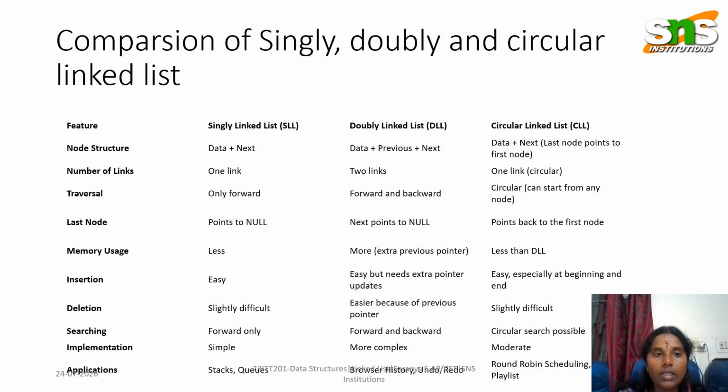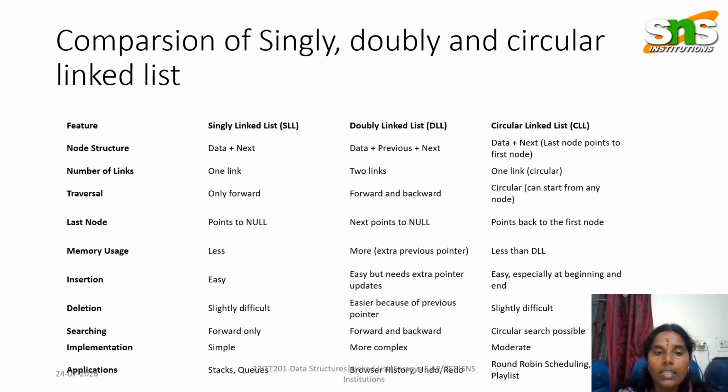And the next thing is a comparison of singly, doubly, and circular linked lists. The features of the three lists: for node structure, the singly linked list has data and a next pointer, the doubly linked list has data, a previous pointer and a next pointer, and the circular has data and next, with the last node pointing to the first node.